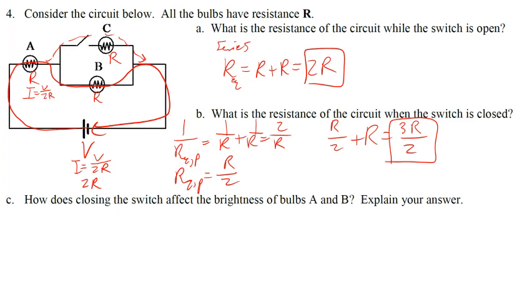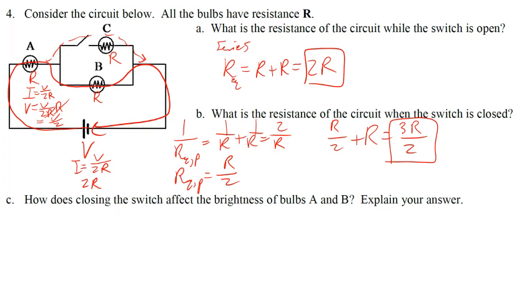But that means that the voltage is going to end up being resistance times the current. So V over 2R was our current times the resistance is going to equal V over 2. So the voltage across the first bulb would end up being half the voltage.